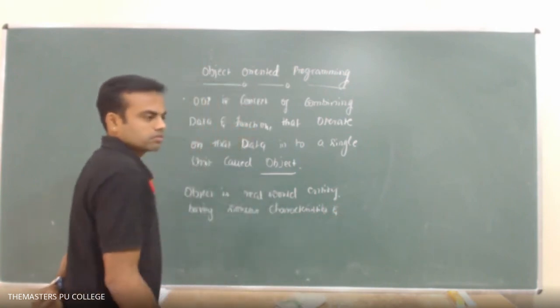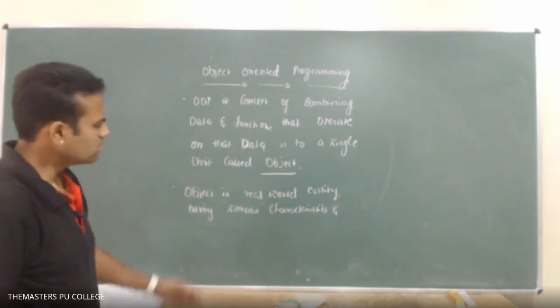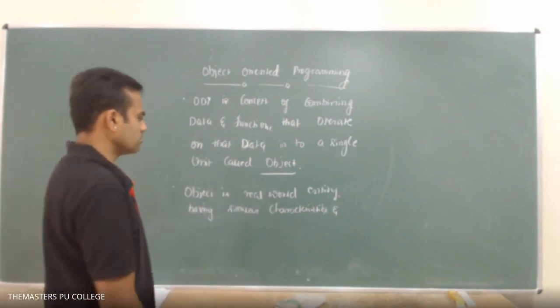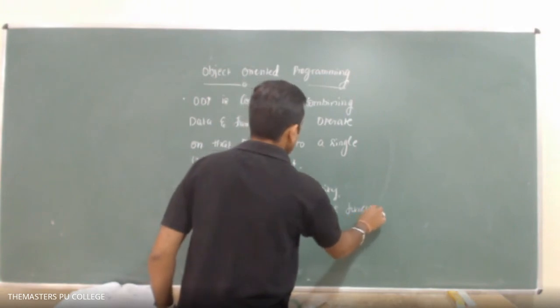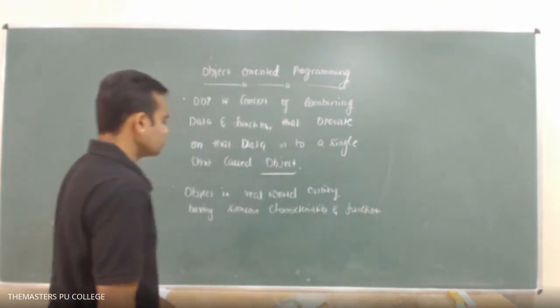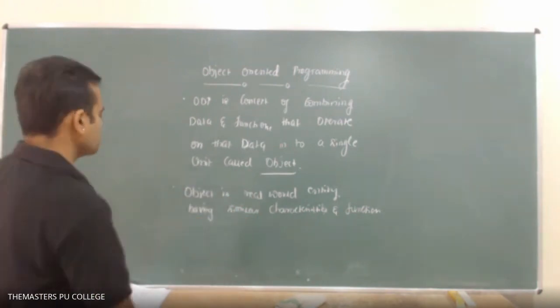Unique means one kind of similar characteristics, or same characteristics. Just write same characteristics and functions.